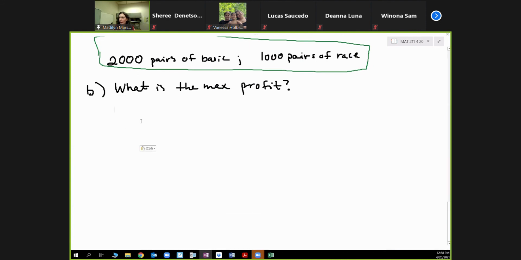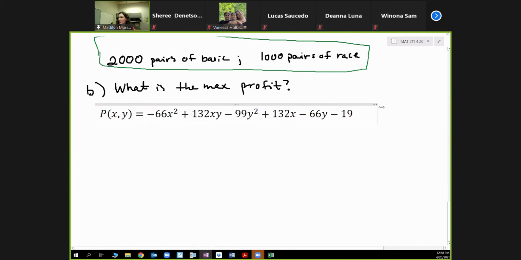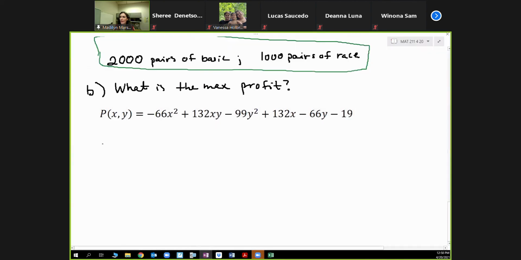So our profit function is all of this. The maximum profit occurs at that critical point we found, 2, 1. So we would go through and plug all of this in.